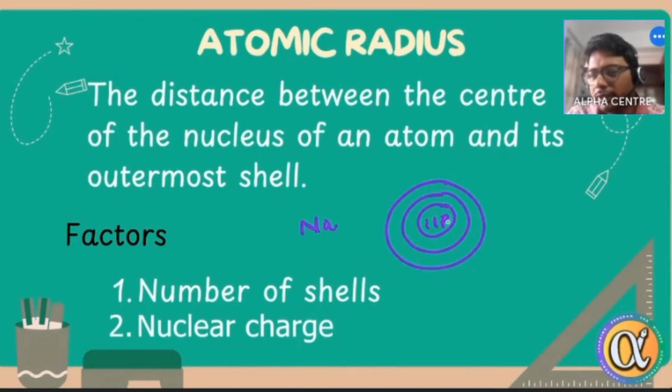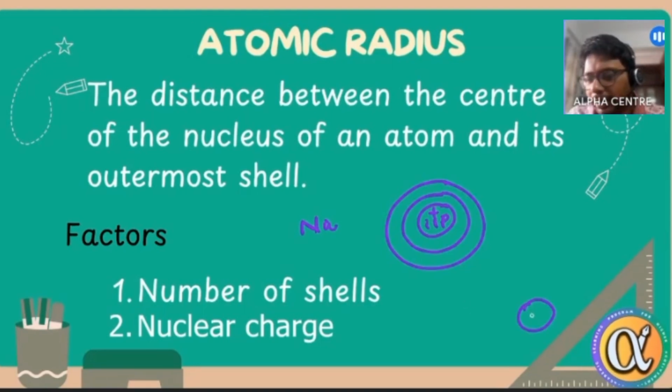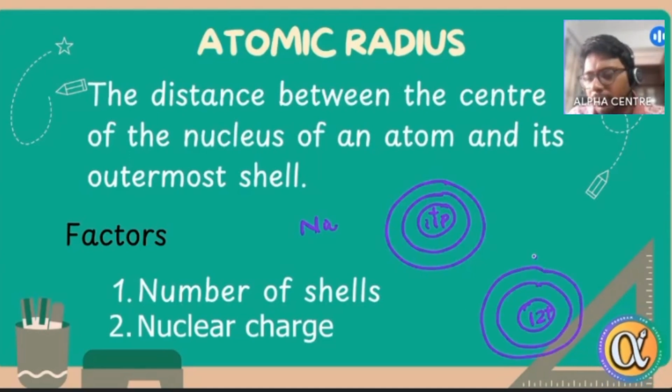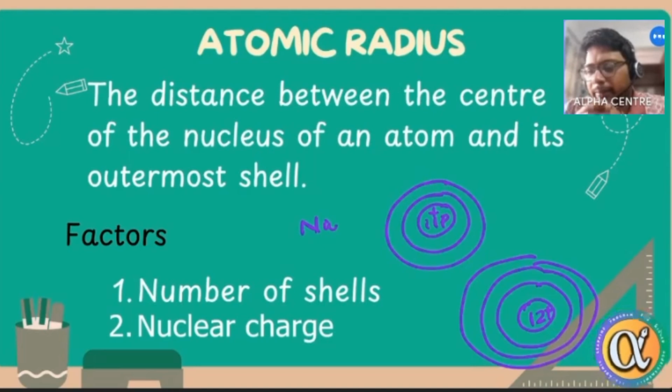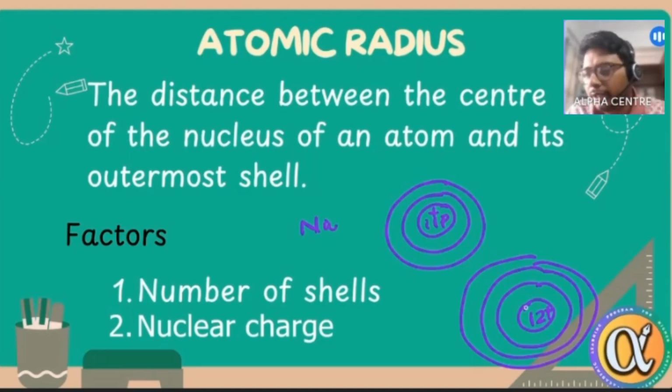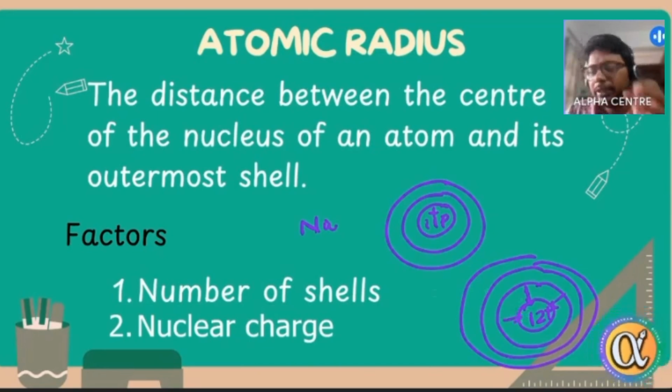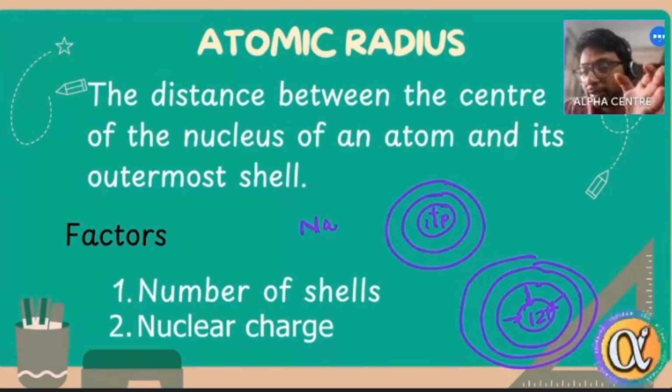But see how it happens in chemistry. Sodium has 11 protons, meaning 11 positive charges, while magnesium has 12 positive charges, and the electrons are distributed in the same three shells. Protons are in the center, in the nucleus. If the nucleus is more strongly positive, it will pull the shells towards itself with greater force, meaning it will shrink the shells inward.